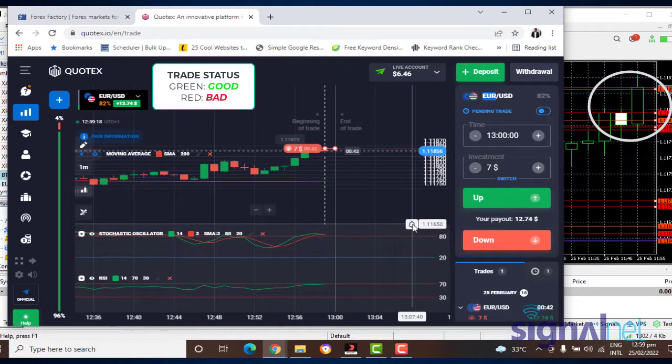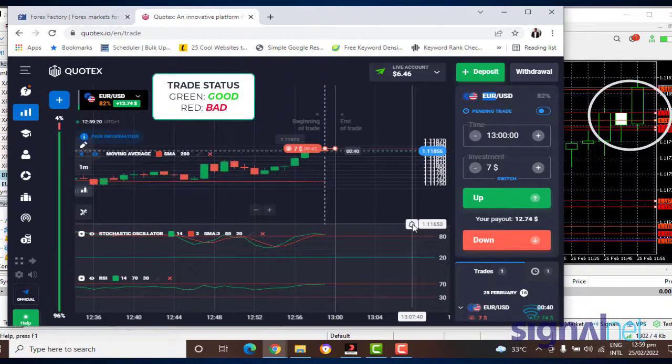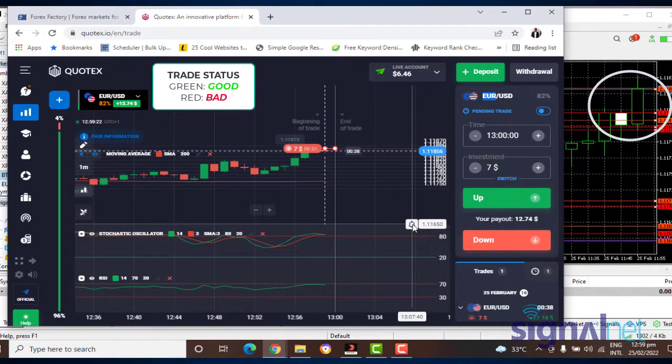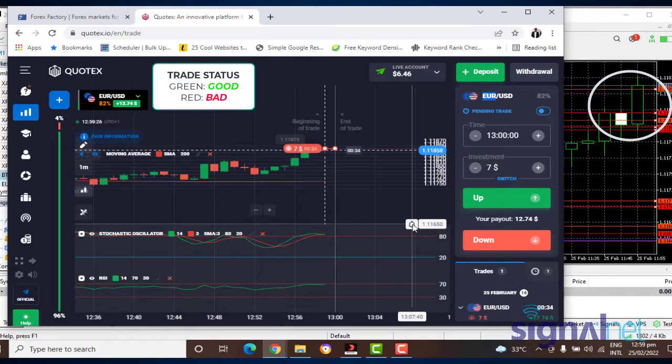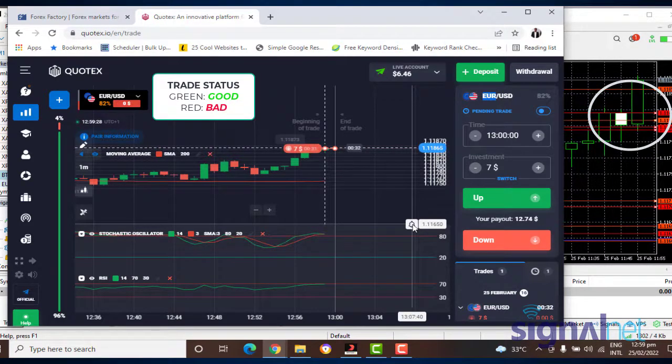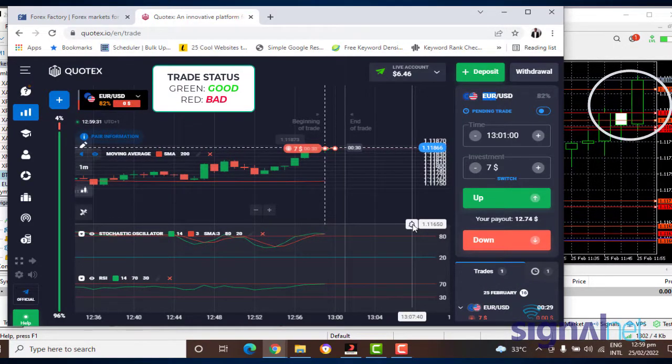So let's see if this can hold. Hopefully, even though the momentum is still very strong.